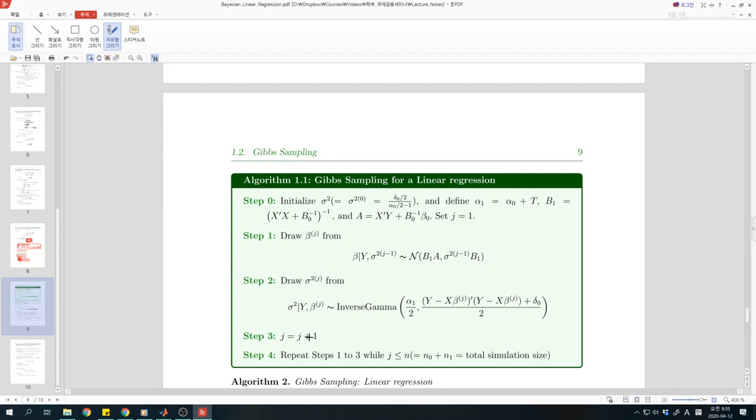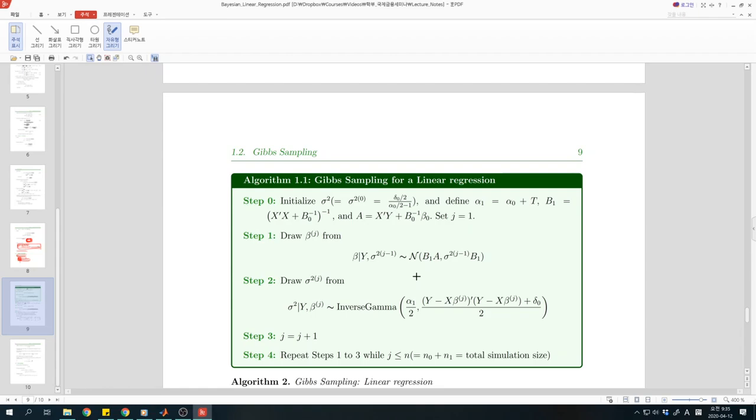And what about the full conditional distribution of sigma square? Alpha 1 is fixed, but this term changes across iterations. Why? Beta will be different in every iteration.